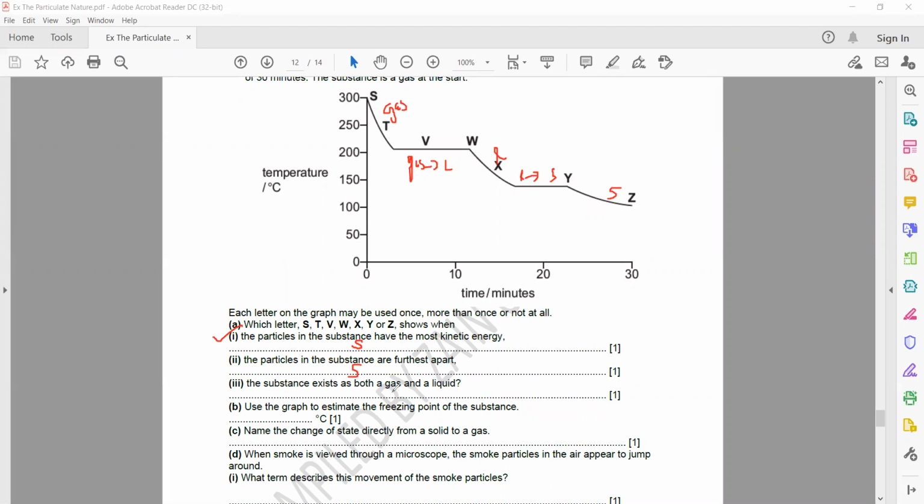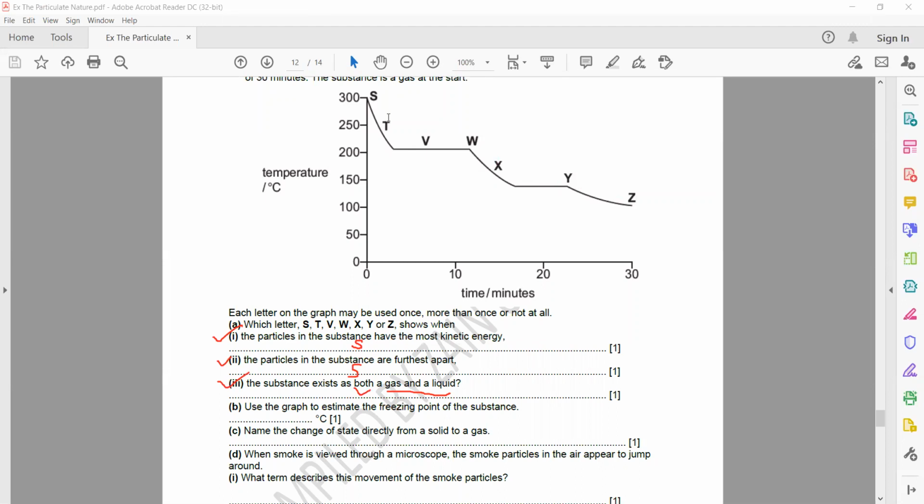The substance exists as both gas and liquid. So which region do we have gas and liquid both? That's V. The meaning of the letters I wrote is that they show the states.